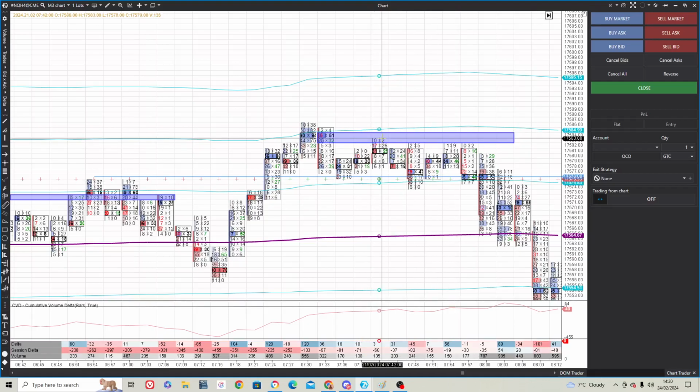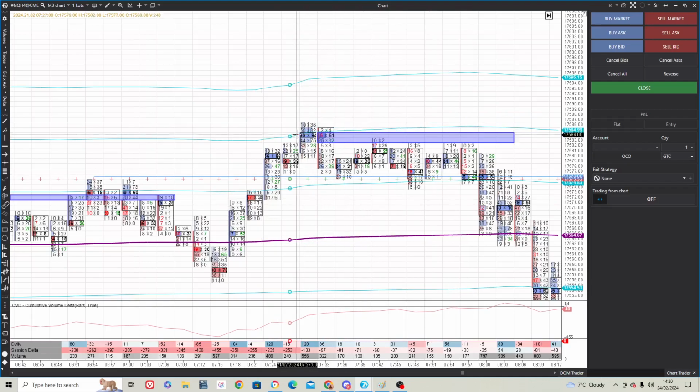If you want to be strict about using delta divergence, then sometimes you can just switch into M1 at this moment and look for that. I also note we're on the second band of VWAP, which is where we spend, I think it's 95% of the time within the second deviation of VWAP.